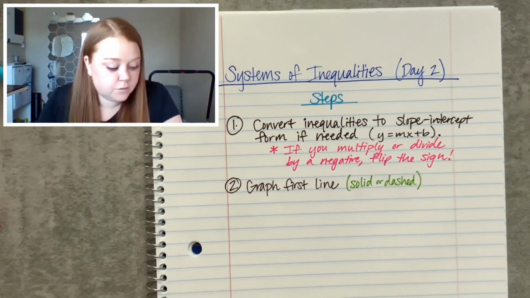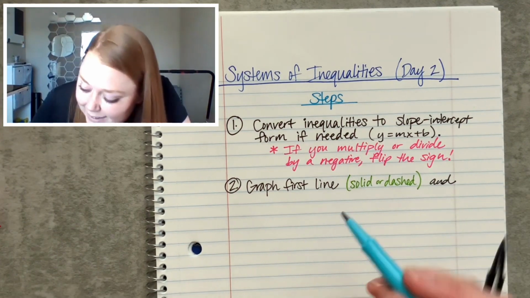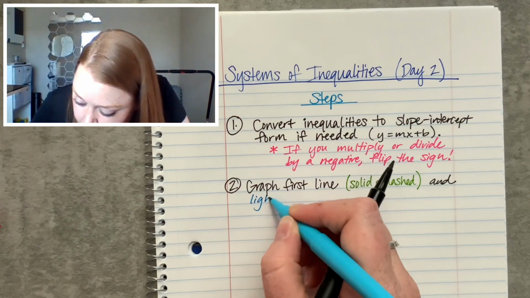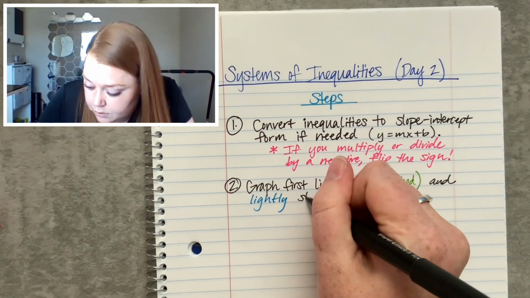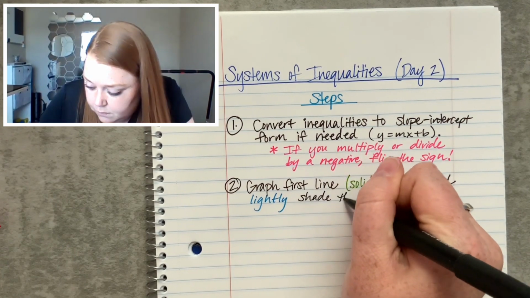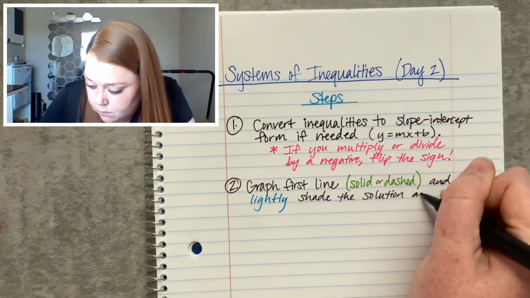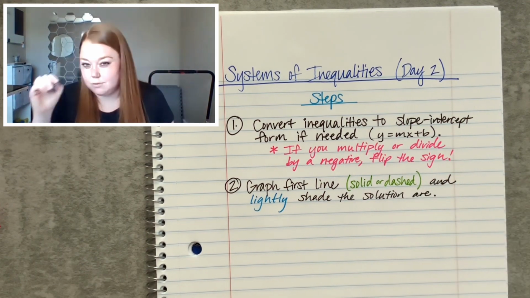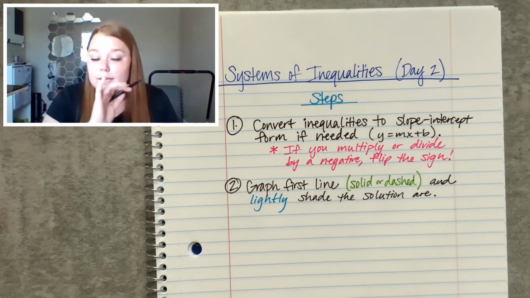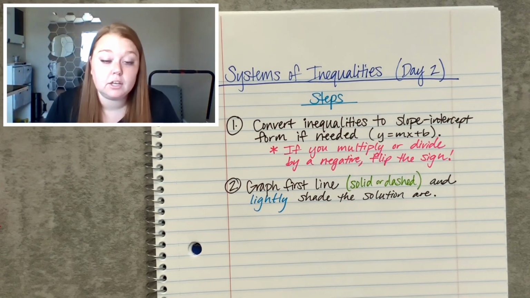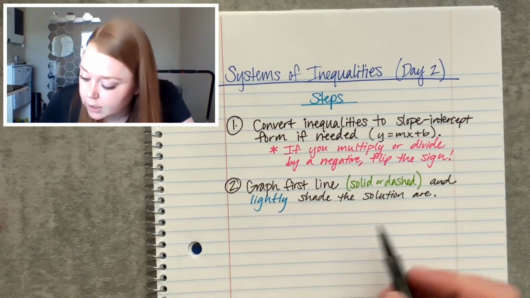Graph the first line and lightly shade the solution area. When it's that first line, you're just going to lightly shade it, because the whole area isn't going to be the final solution area. You have to see where your overlap is, so you're just going to lightly shade it.